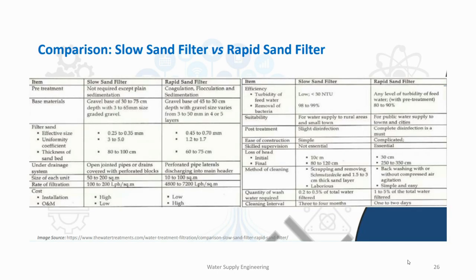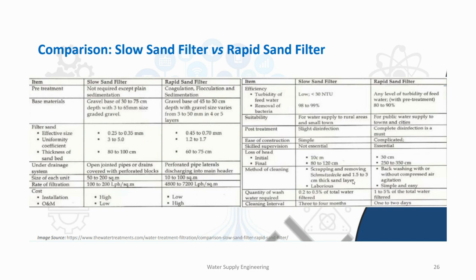So when we compare the method of cleaning for slow sand and rapid sand, here we can see that in the case of slow sand filters, for the first 1.5 to 3 centimeter thickness, we scrape and remove that particular layer, and this is a laborious, tedious task.